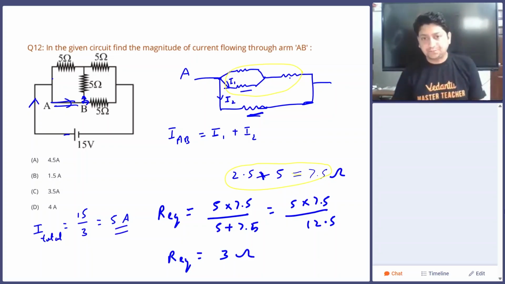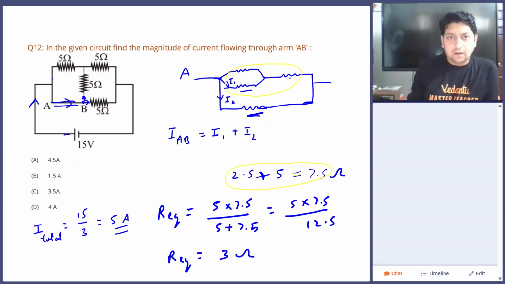Now the scenario is how much current will be divided over here.